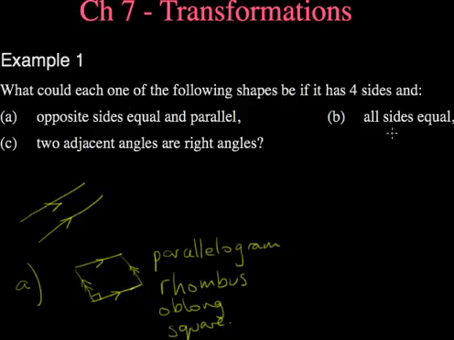With part B, where all the sides are equal, it doesn't say anything about it being parallel now. But with B, all sides equal, you would say it could be a rhombus, which is a sort of a diamond shape, which actually does have pairs of parallel sides. So you've got the rhombus, or the square.